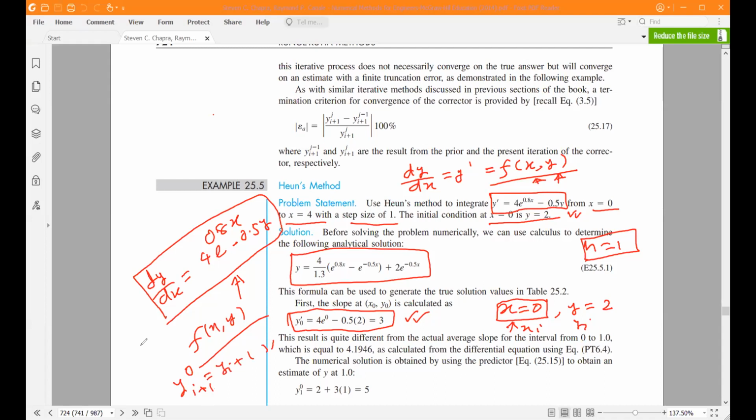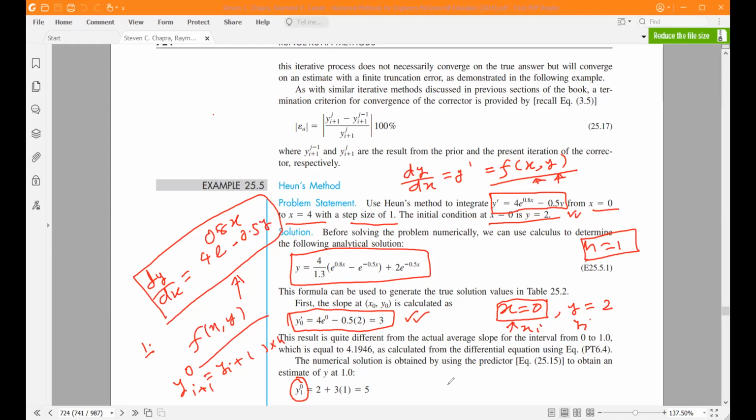In our case, we are starting from the beginning, so our step size is equal to 1, and y1 0 is calculated there. Next step, using this value, we have to calculate the slope at the end point. This equation was calculating the slope at x equal to 0.